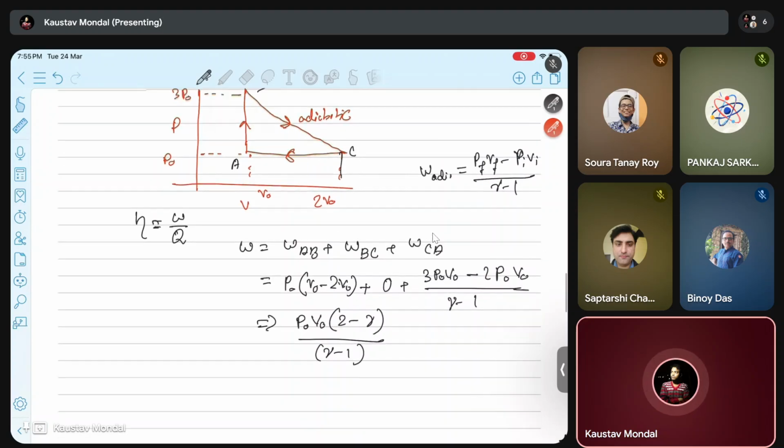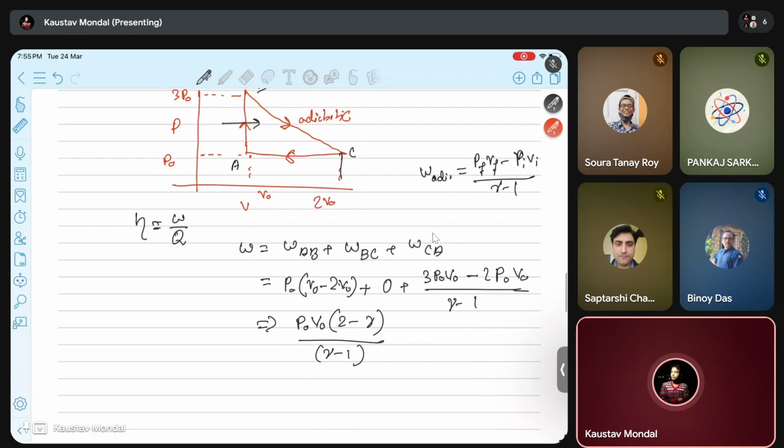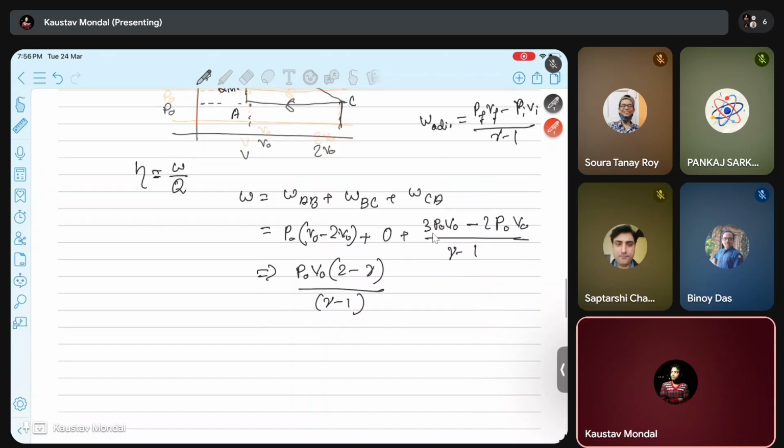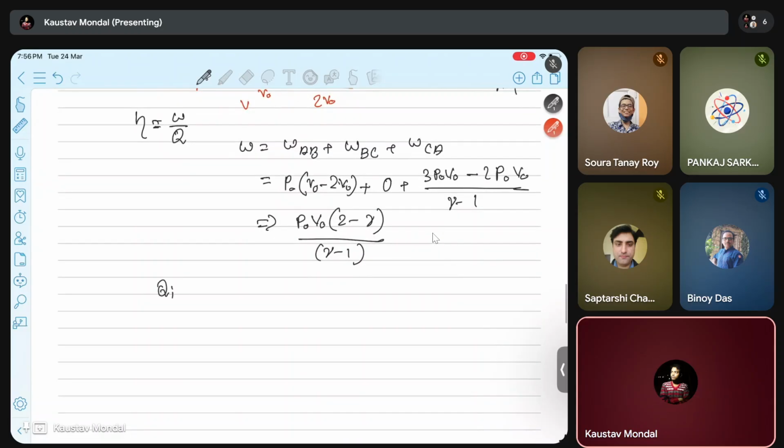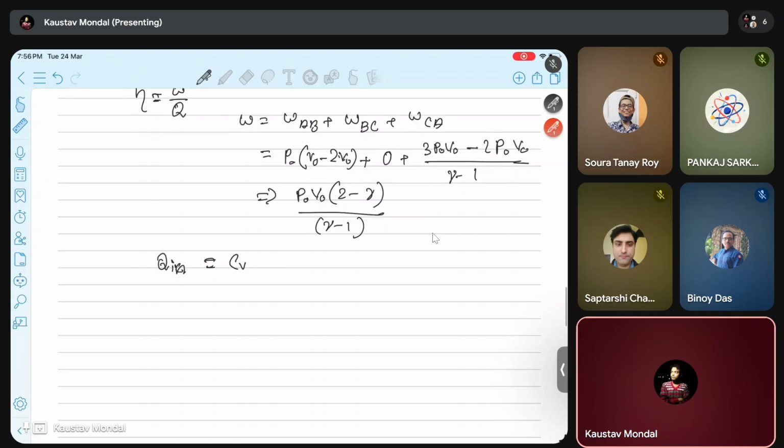Now the heat intake during this process, the heat input Q input, we know, is basically CV delta T, right?